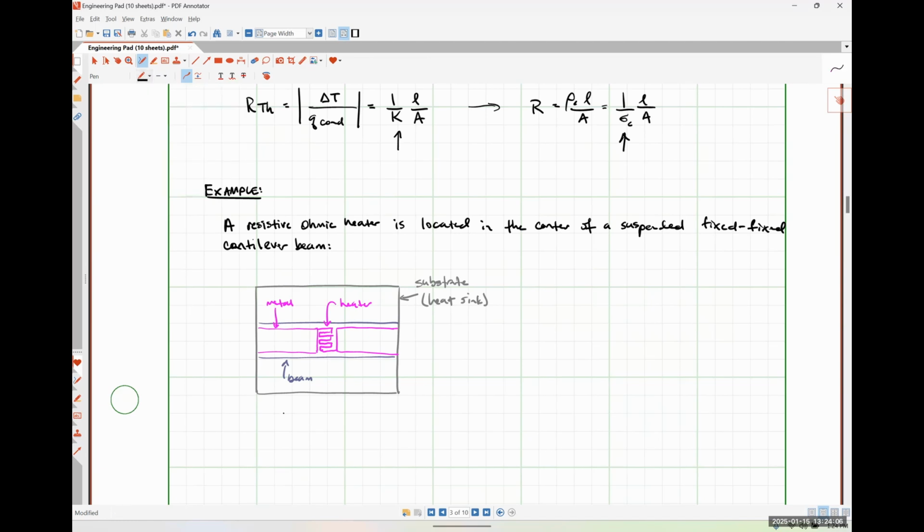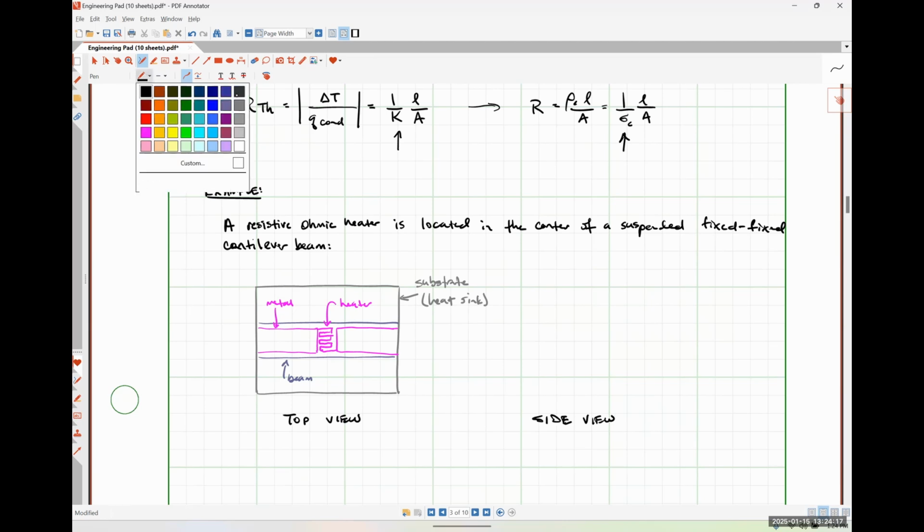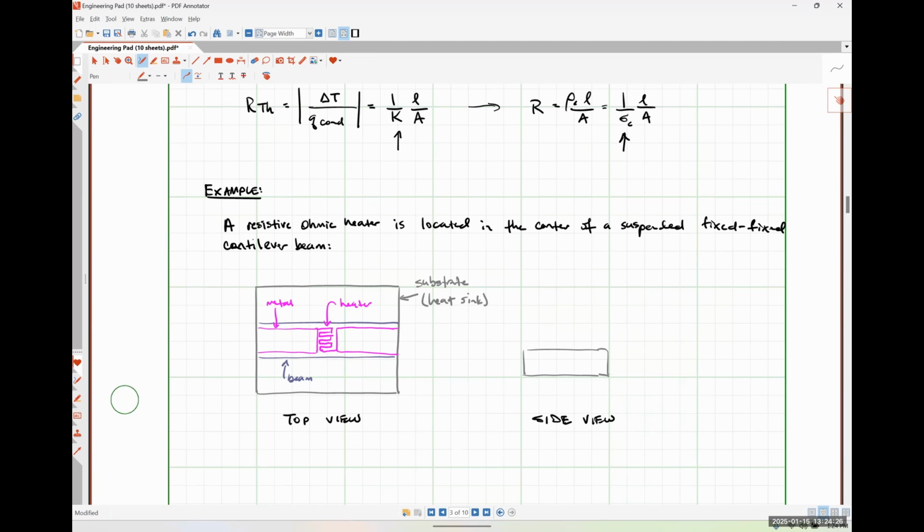From a side view, let me write this down. Top view over here, and side view. We might have something like this. So we've got our beam. And let's say that the width of the beam is 10 microns, and the thickness of the beam is 0.2 microns.